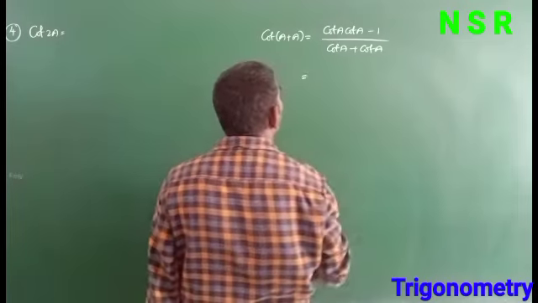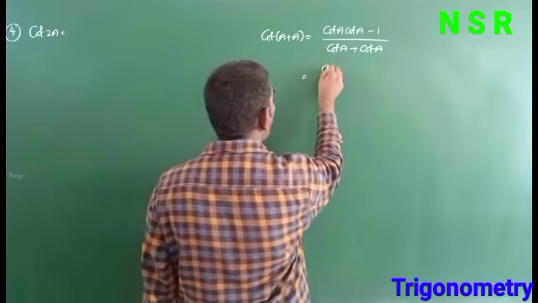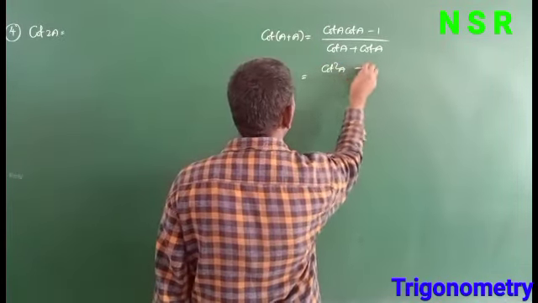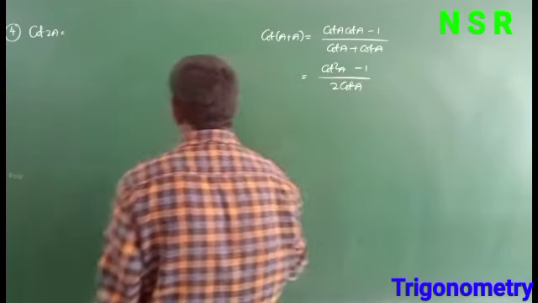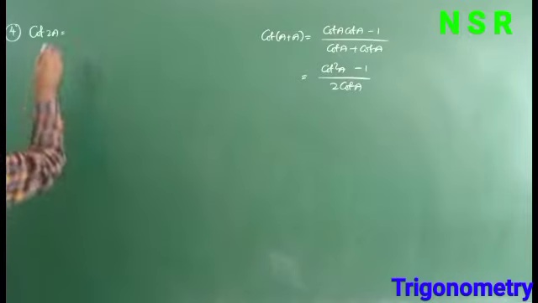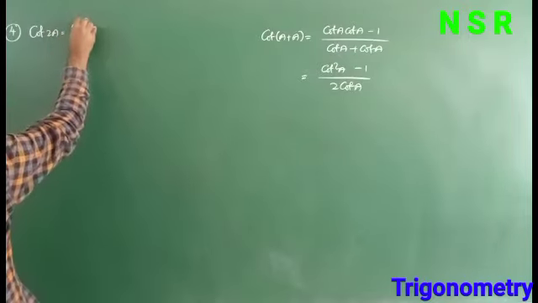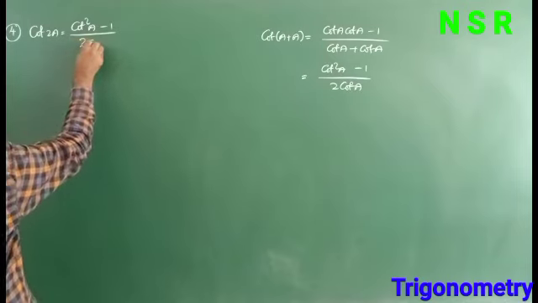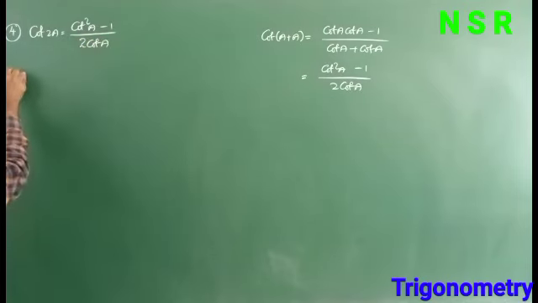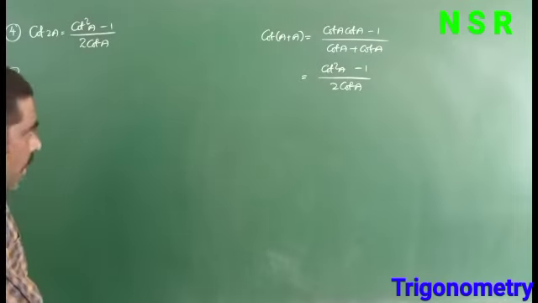In place of b write a: cot a into cot a, cot square a minus 1 by cot a plus cot a, which is 2 cot a. So the cot 2a formula is cot square a minus 1 by 2 cot a. So this is the formula of cot 2a. So sin 2a, cos 2a, tan 2a and cot 2a are completed.